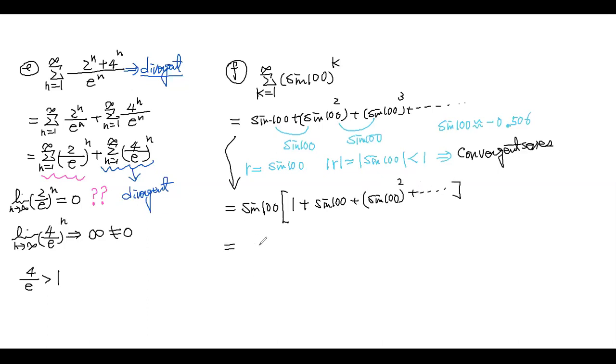So now this will be sine 100 over 1 minus r, where r is sine 100. If you put it into the calculator, it will give you something close to negative 0.336.